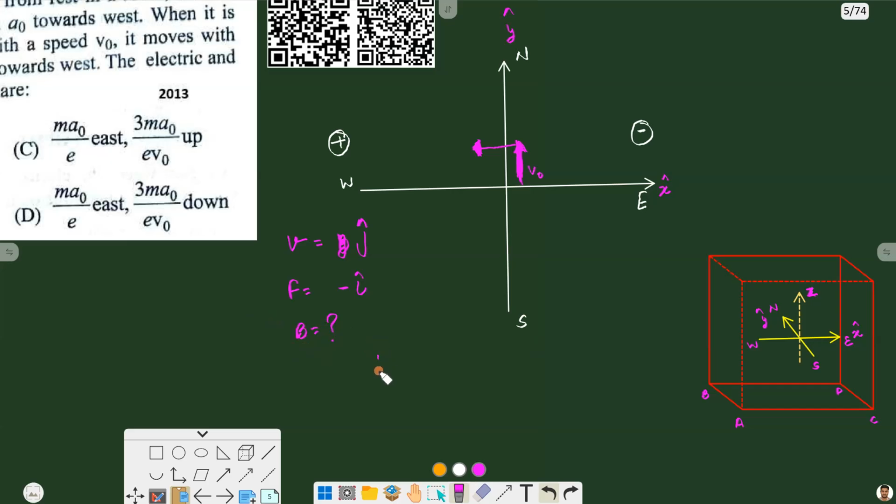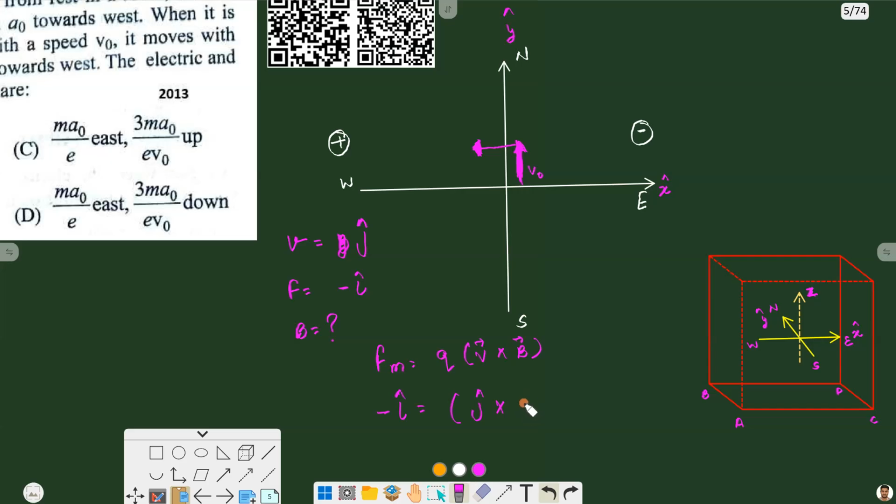We know that magnetic force is q V cross B. Now we are only taking into consideration the directions here. So force is in negative I, leaving the charge because charge does not have any direction. Velocity is in J. So what should be the value of the magnetic field?